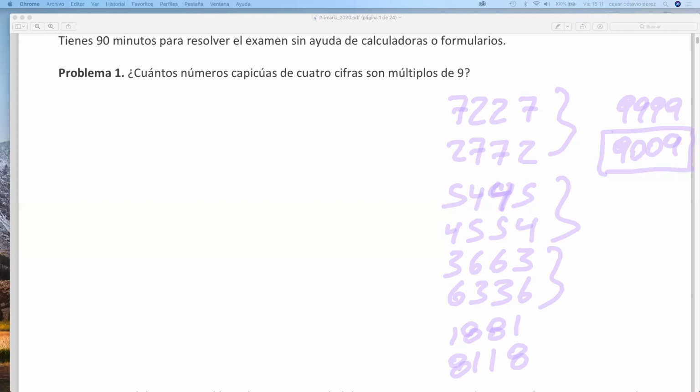So I made a table of the sum of digits, which did not include 0.